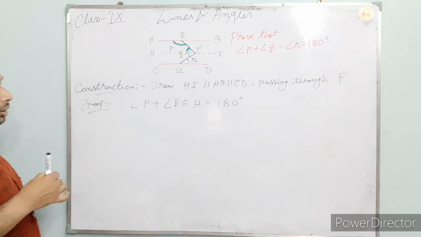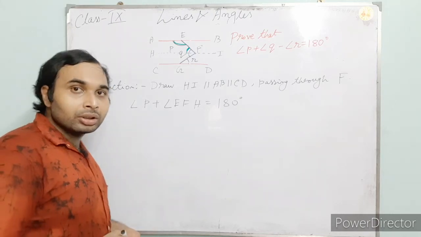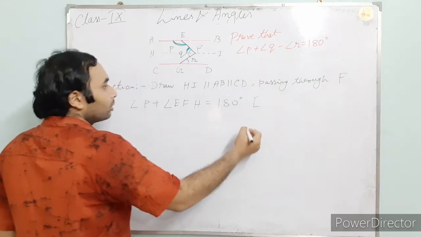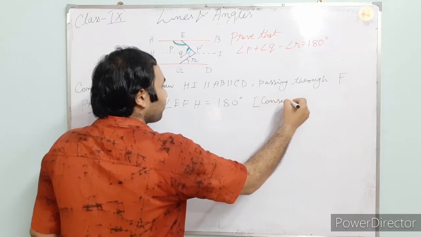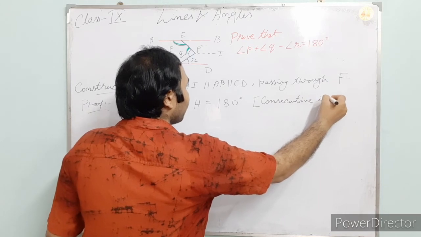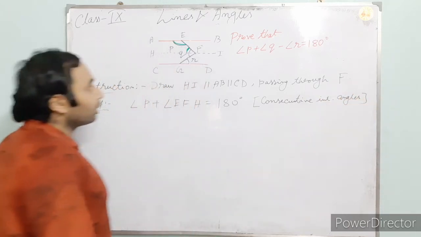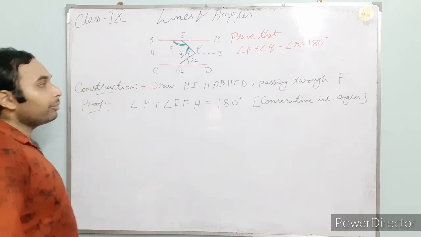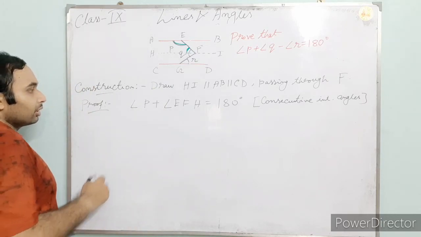Why are those 180 degree? The sum of those two is 180 degree because those are consecutive interior angles. I have shown you in the previous video. Consecutive interior angles are supplementary pairs. So those two are supplementary pairs.